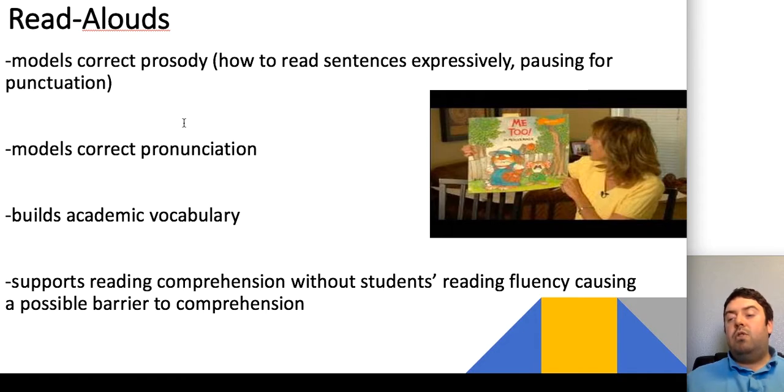Then, based on students' predictions, they can evaluate whether or not they were correct when they actually hear the book read aloud to them. So that's a nice strategy, and read alouds help model that through the picture walk.